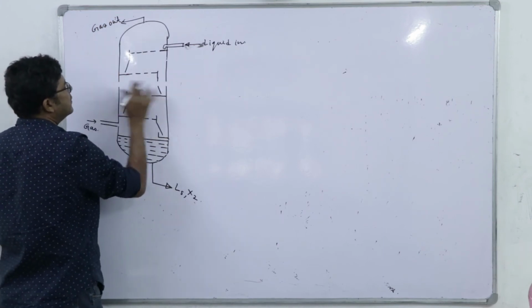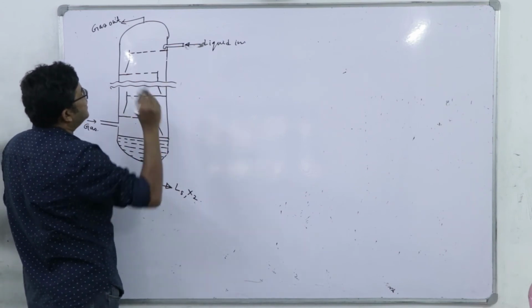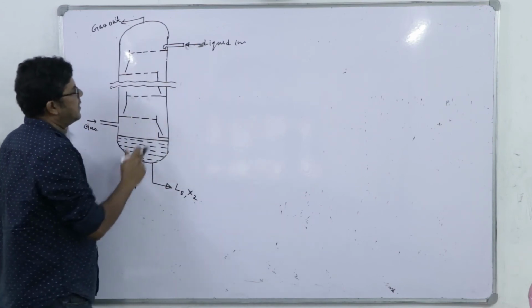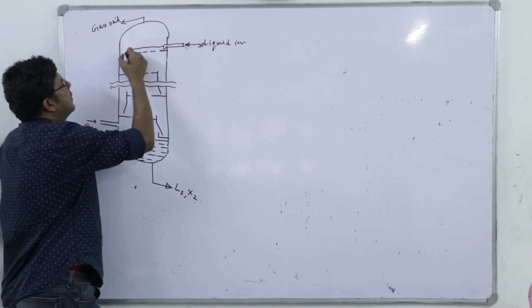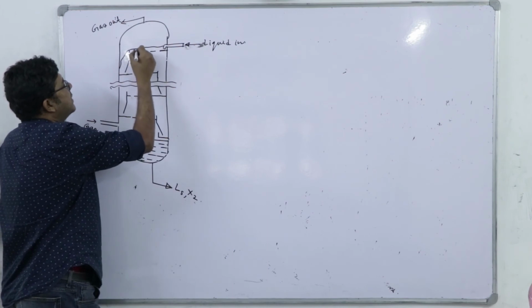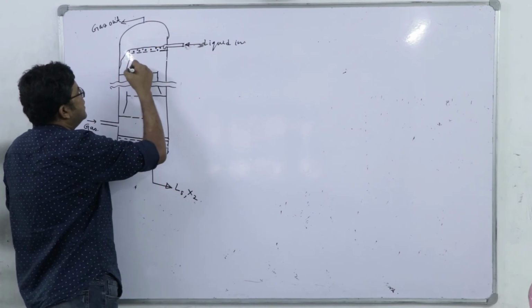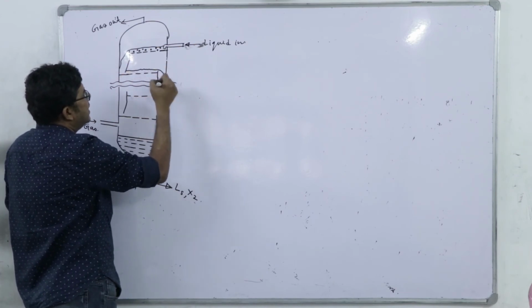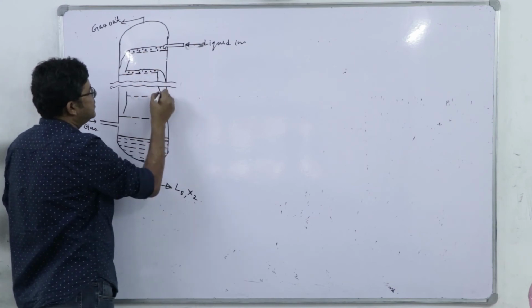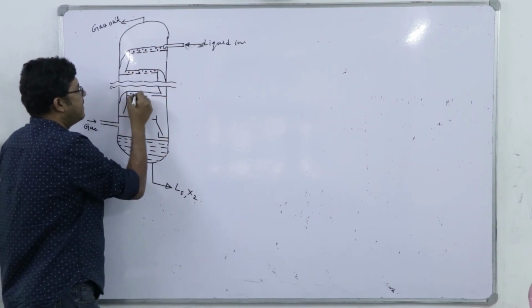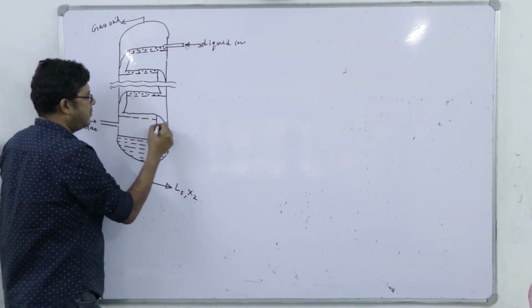So let's use a break line here. Trays are counted generally from the top. Here the liquid will flow into the downcomer. Here we have the gas bubbles exchanging mass. From the downcomer, it will again flow into the downcomer opposite. Here we have the gas bubbles, here also the same thing.